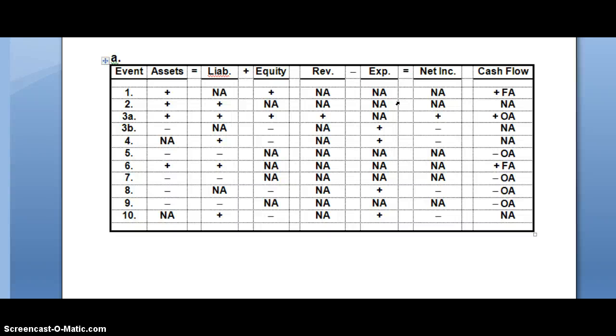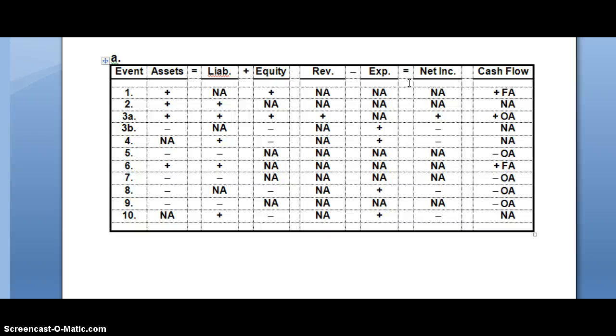Recognizing this obligation increases liabilities and reduces stockholders' equity. So it's going to increase liability and reduce stockholders' equity. And it increases expense, and net income goes down. The statement of cash flow is not affected when the obligation and corresponding expenses are recognized.